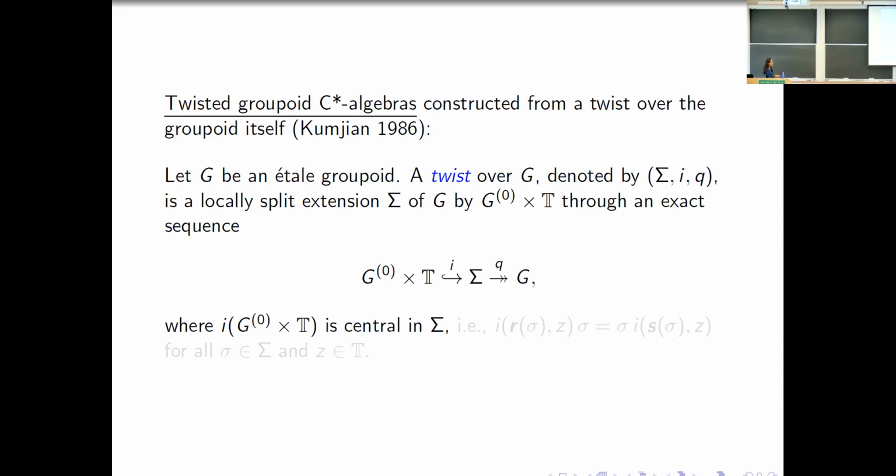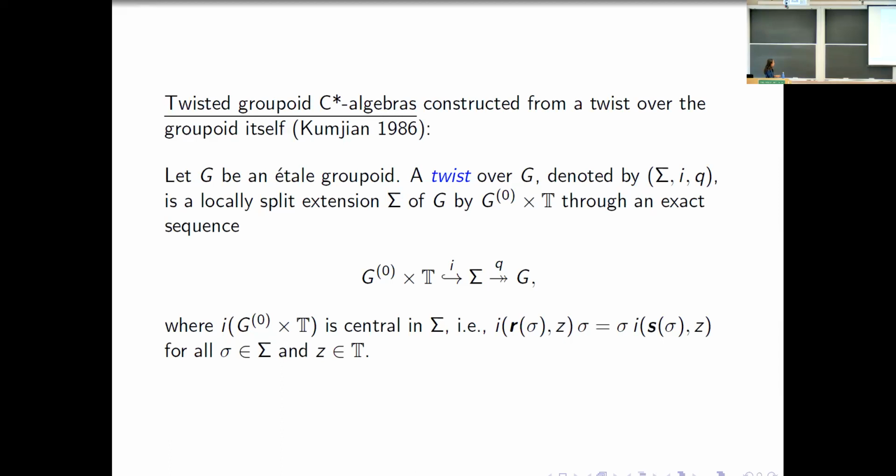I'm going to show you the detail in the next slide. Moreover, this short exact sequence will satisfy certain conditions. This simply means that the image of the unit space times the circle under the map i will be central in this larger groupoid in the middle of the short exact sequence. And what central means is that the image of this map i commutes with the elements, with respect to the range and source maps.